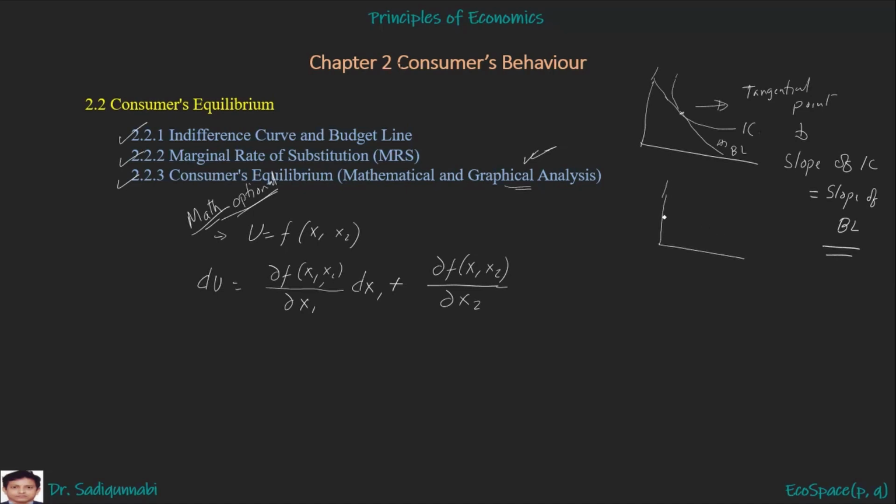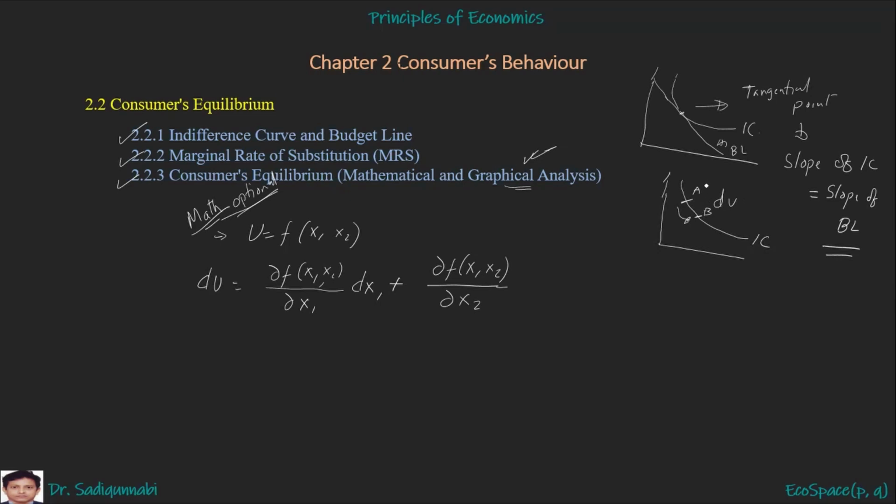According to the definition of IC, when you move from one place to another place, that means du from A to B, utility doesn't change. That means utility from A and utility from B is the same. On a single IC, utility gives the same level of satisfaction.